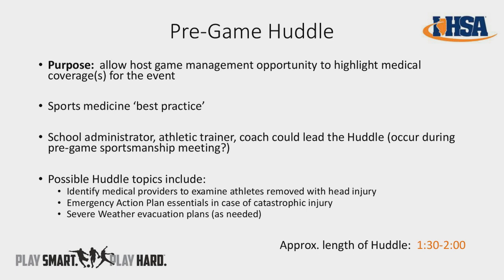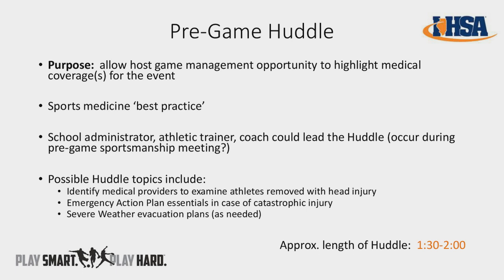We think it's also important during the pregame huddle that the participants, or at least the host, give the officials and the opponents a real quick overview of any emergency action plans that might have an impact on that game.